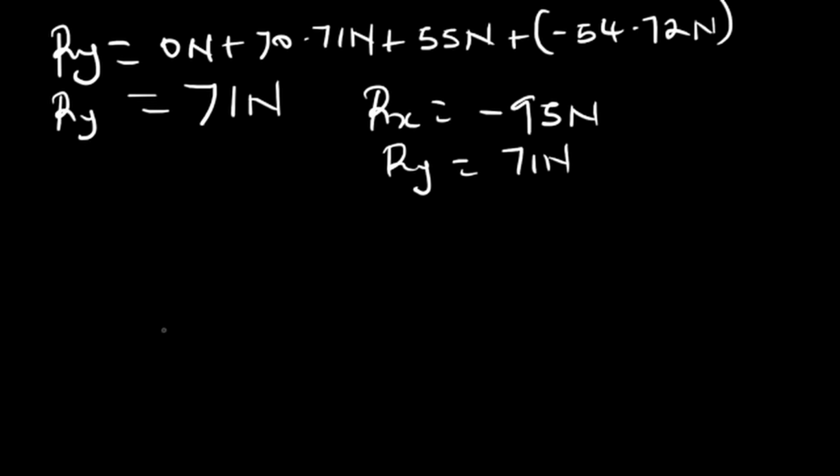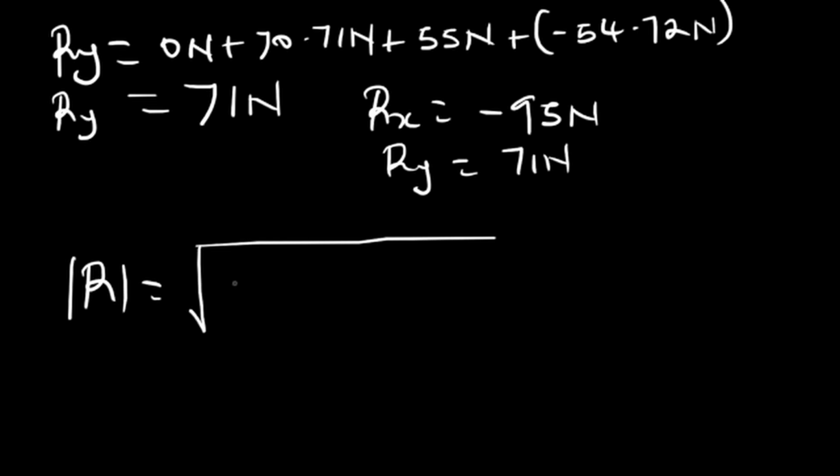The magnitude of a resultant vector, the absolute value, is equal to the square root of Rx all squared plus Ry all squared. So this is the formula used to find the magnitude of the resultant vector.